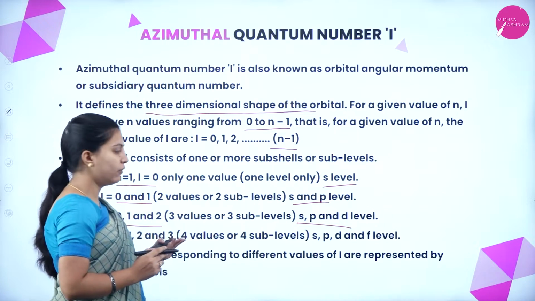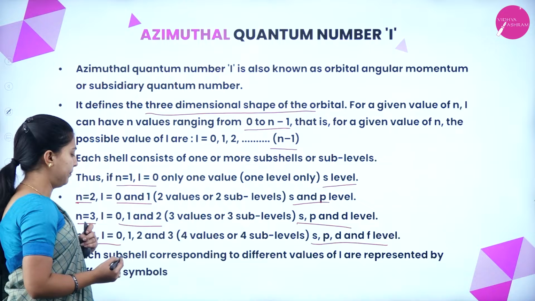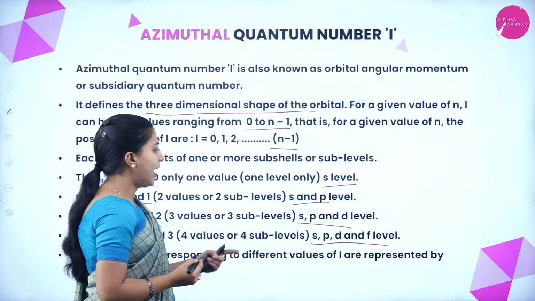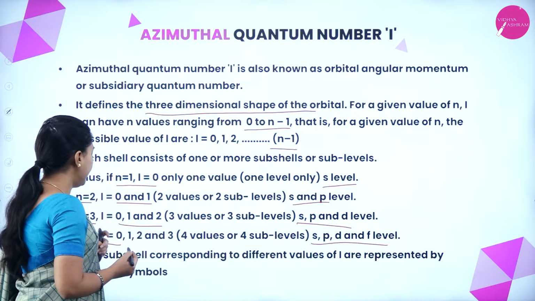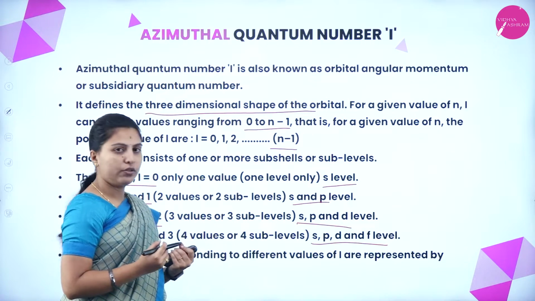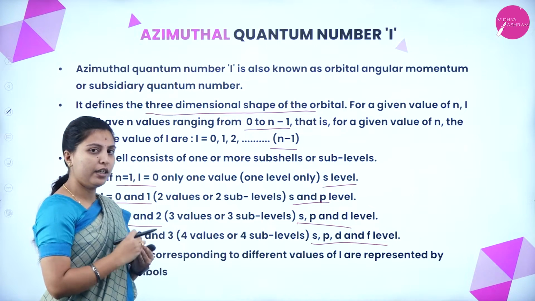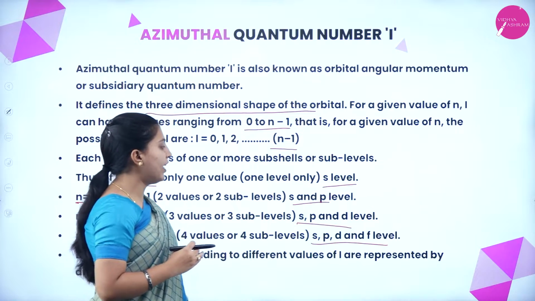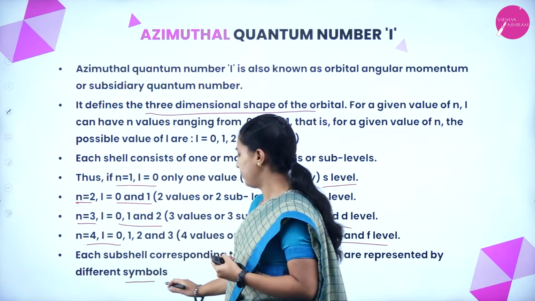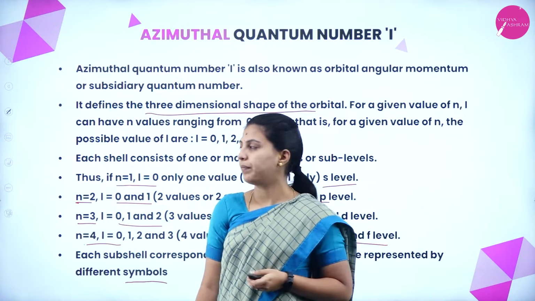There are 4 values, 4 sublevels overall, s, p, d and f. Each subshell corresponding to different values of l is represented by different symbols. These are the symbols we have noticed.